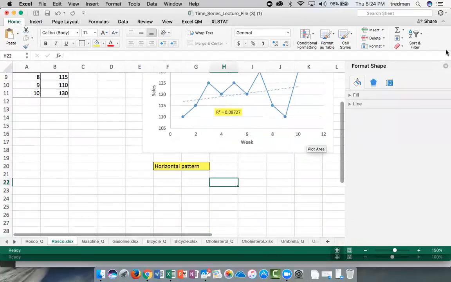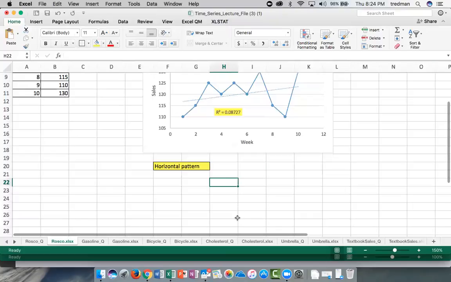Okay, now I'm going to run the 3-week moving average. What I want to observe is the mean absolute deviation, or MAD, the mean square error value, and the mean absolute percent error.